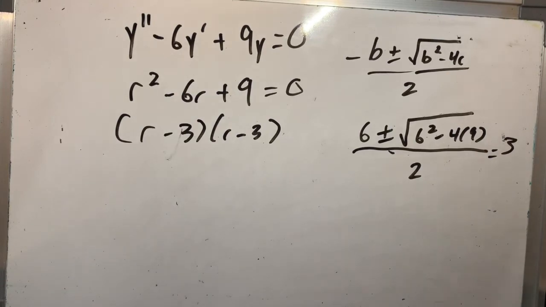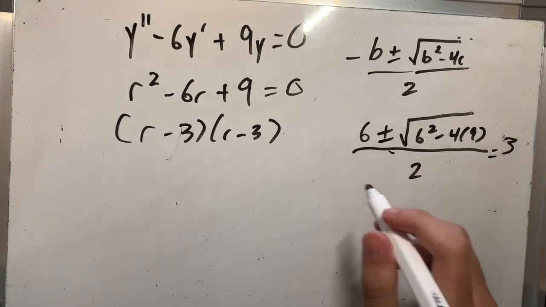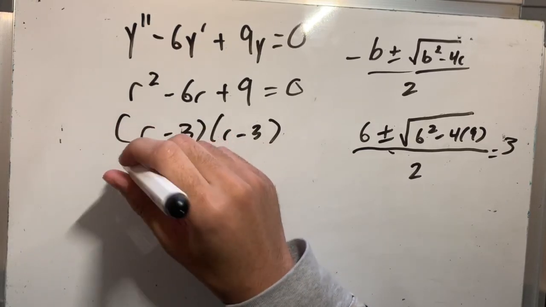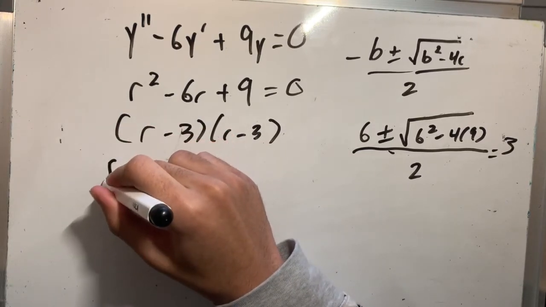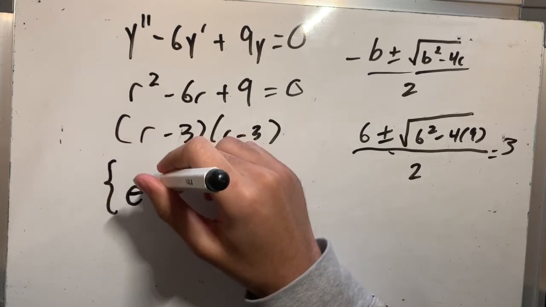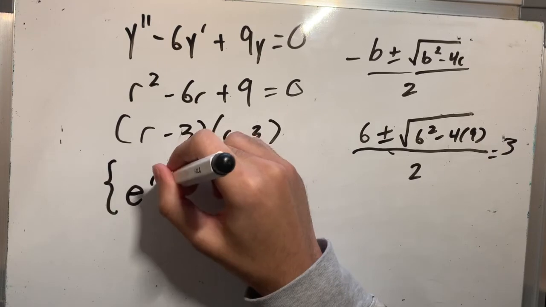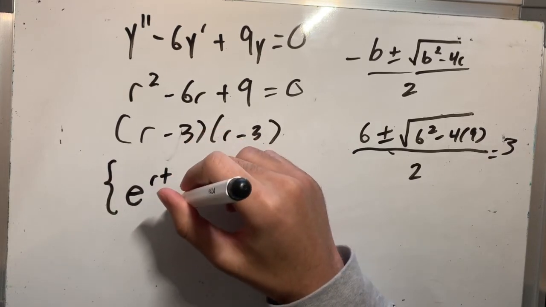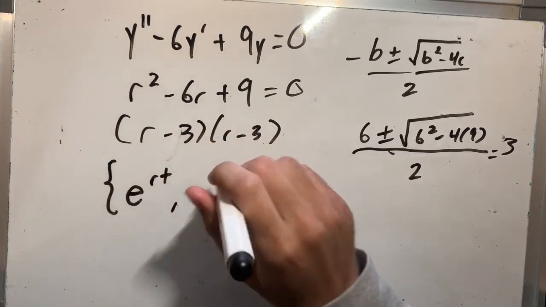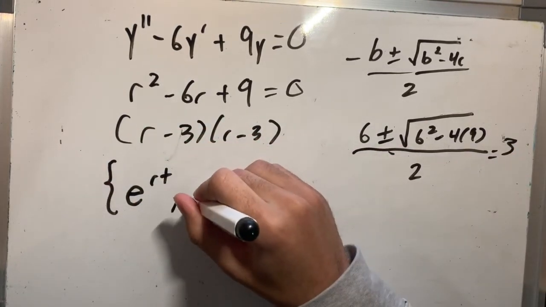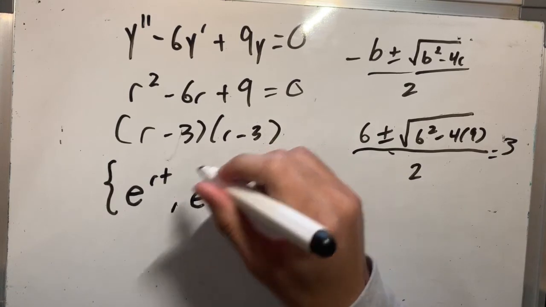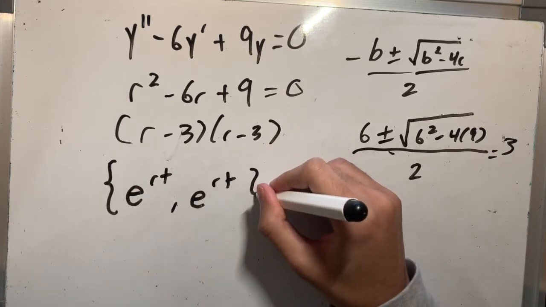And then once we get that, we know the fundamental set. The actual way to write this would be e raised to the power of rt, comma, and if these were two distinct roots, it'd be e raised to the rt and e raised to the rt.